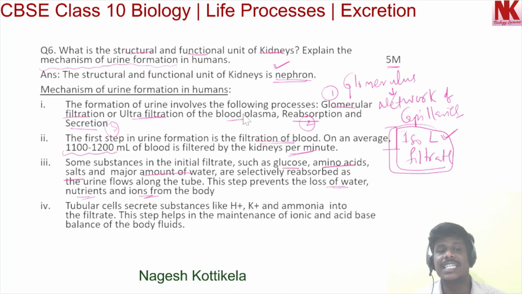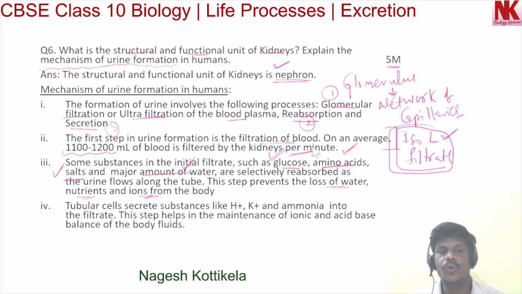So the second step in the mechanism of urine formation is reabsorption. So this is selective reabsorption. Some substances in the initial filtrate such as glucose, amino acids, salts, large amount of water, are selectively reabsorbed as the urine flows along the tube.